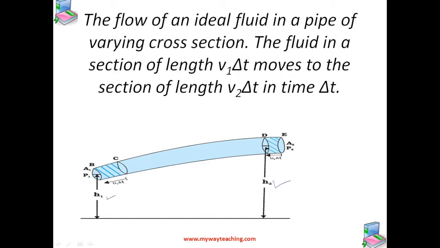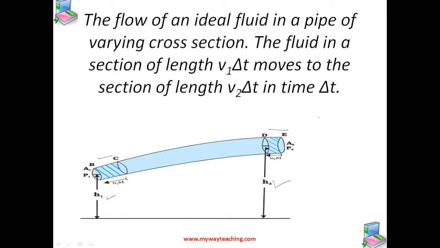So consider the flow at two regions, that is region 1, the flow at BC here, and the flow at D, okay, B to D, in an infinitely small time interval delta t. So this fluid would have moved.